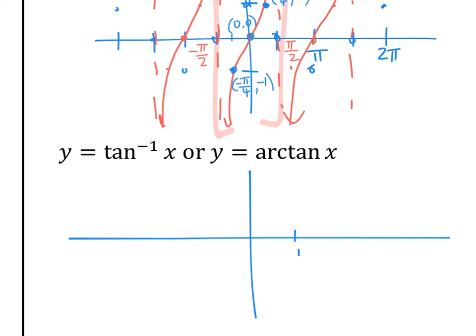Okay, 1, negative 1, and let's do negative pi over 4, negative pi over 2, and we're going to do the top as well. Okay, so we're going to switch x and y and regraph this. So the bottom left point is negative pi over 4, negative 1, so that switches, and we get negative 1, negative pi over 4.